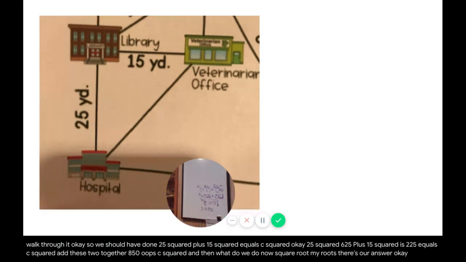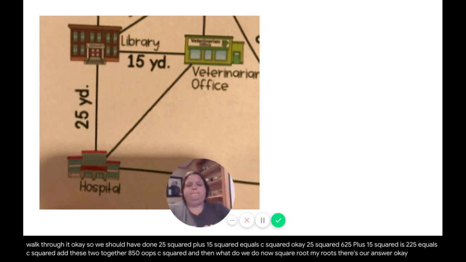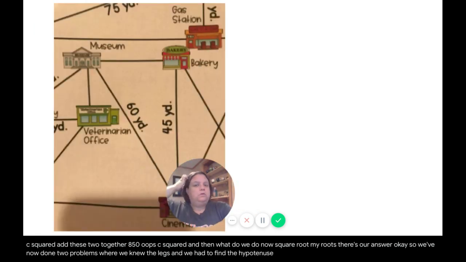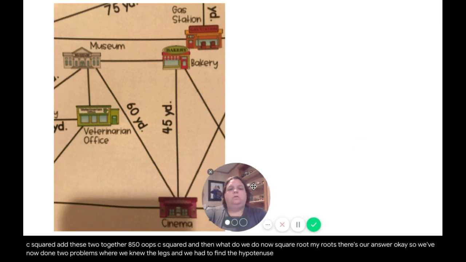Okay, so we've now done 2 problems where we knew the legs and we had to find the hypotenuse. Okay, this problem is different.